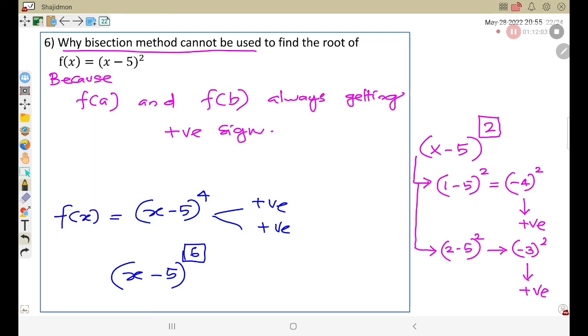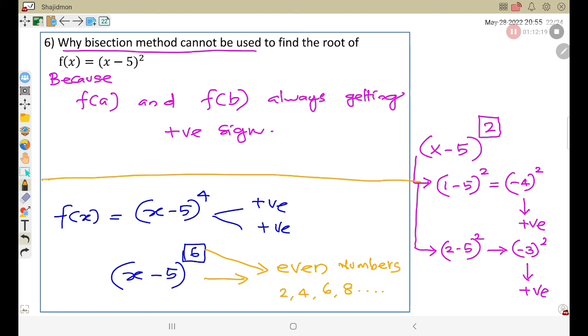Even number means always you are getting a positive number. Even powers mean 2, 4, 6, 8, like this. When all powers are even numbers, you are always getting this positive sign, only one sign. So we cannot use that case for finding the solution. Bisection method we cannot use. Hope you understood this question.